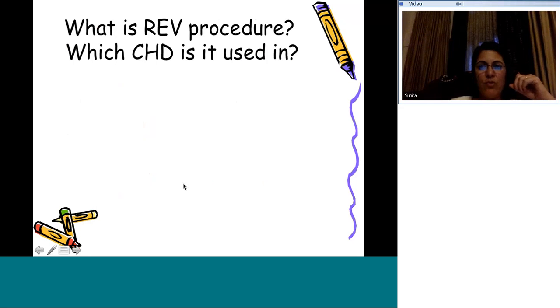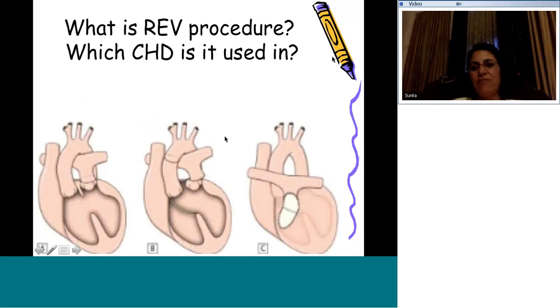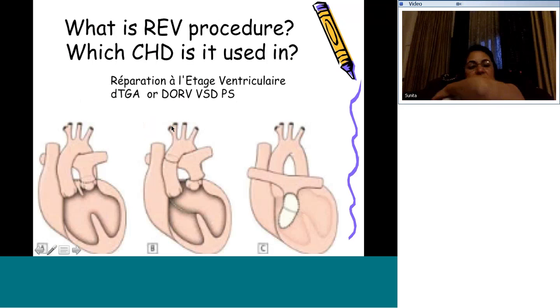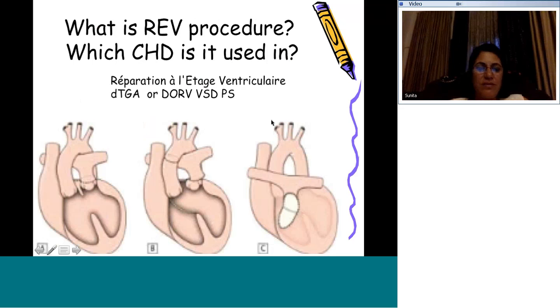Okay. And which heart disease do you use it in? So this can also be used in TGA VSD PS, can also be used in DORV VSD PS, right? So this is the French word. You got most of it there.